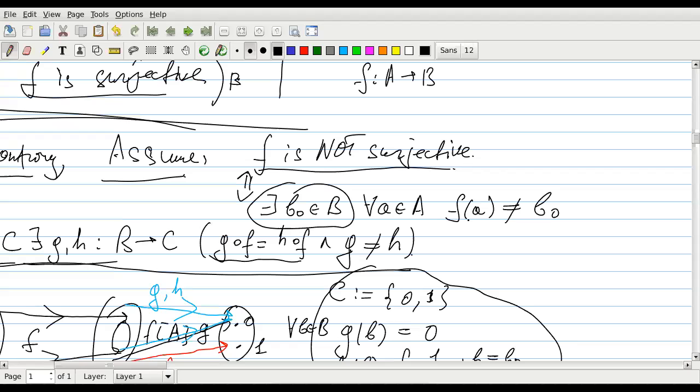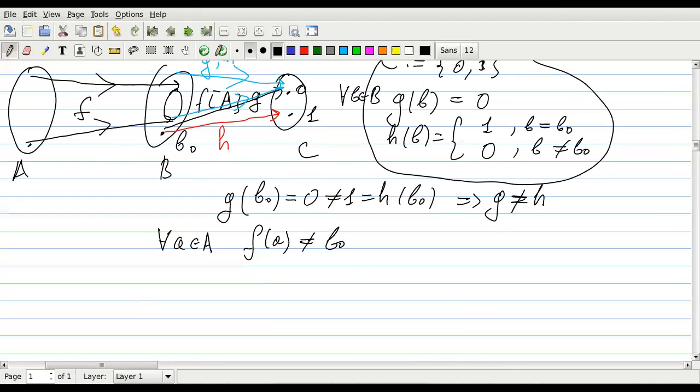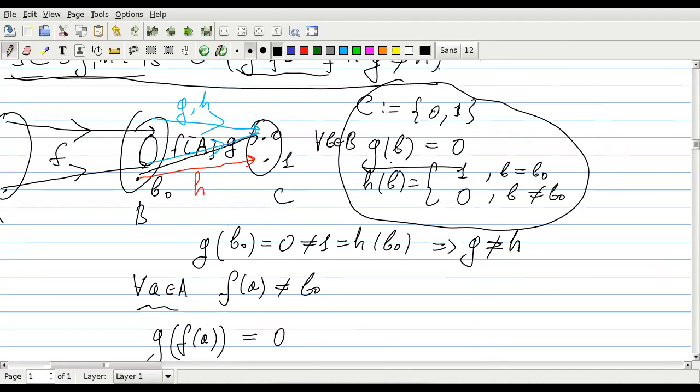Yes. Okay. So it is not B0. What is G of f of A for whatever point from A? It is 0, because G is a constant.